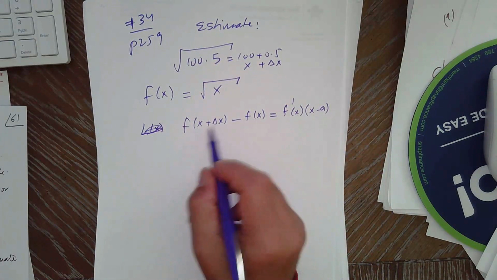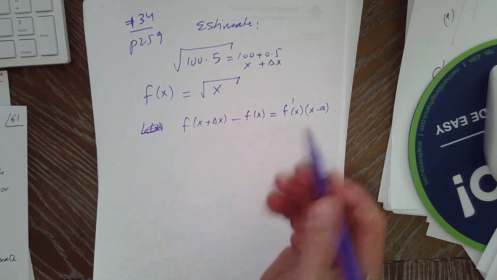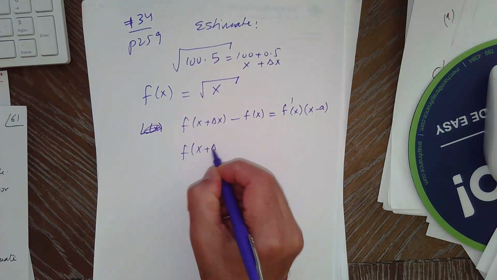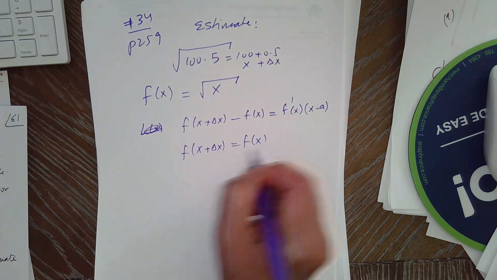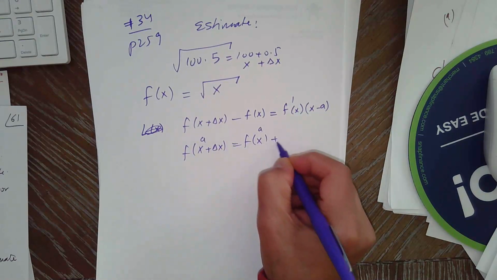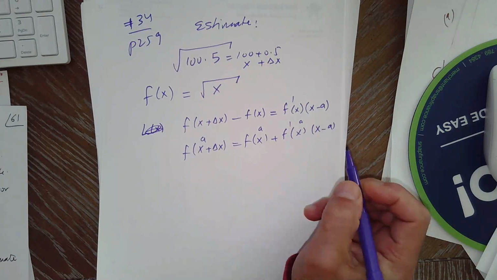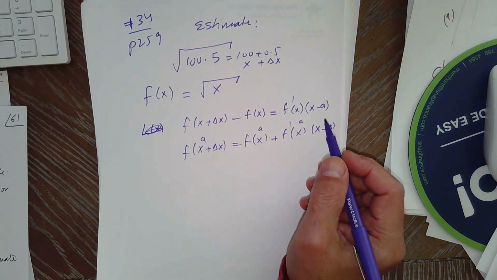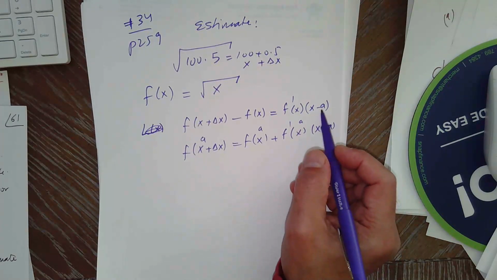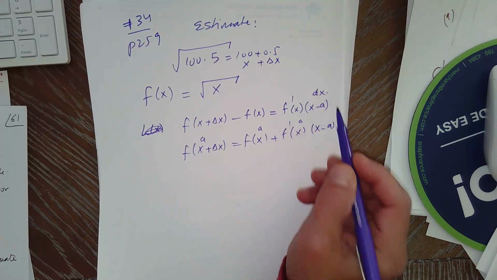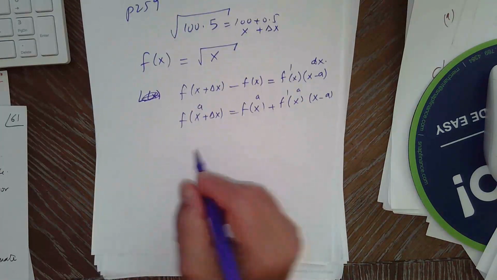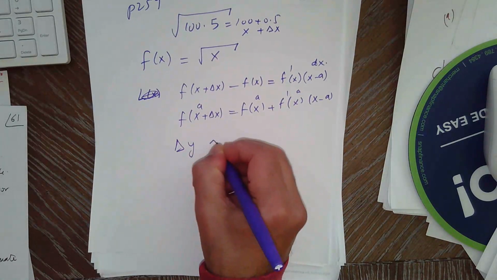So we want to find f of x plus delta x, which is f of a plus f prime of a times x minus a. f prime, and this is my dx. So basically delta y is roughly dy.